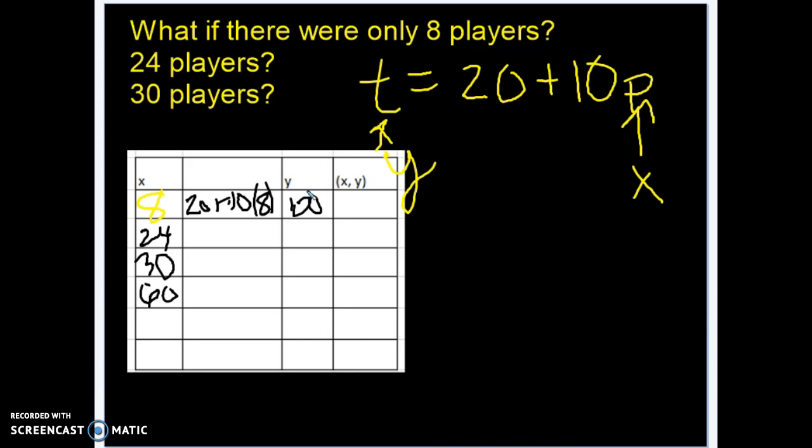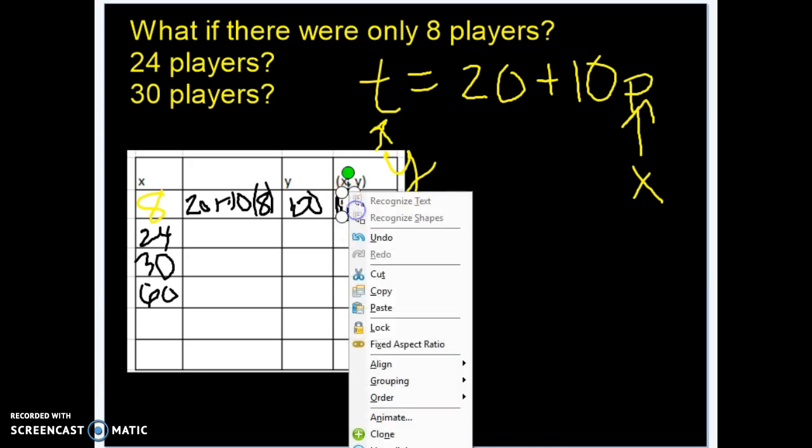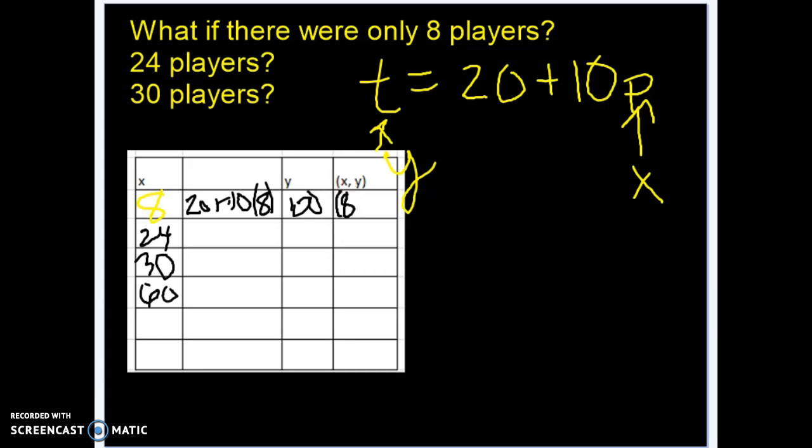We know that an ordered pair would be 8, 100. For 24, we're going to do 20 plus 10 times 24. You can simply use your calculator and do 24 times 10, get 240, plus 20 gives you 260.